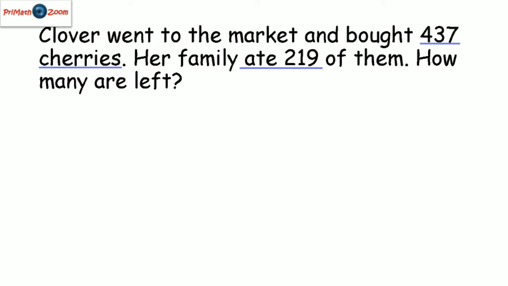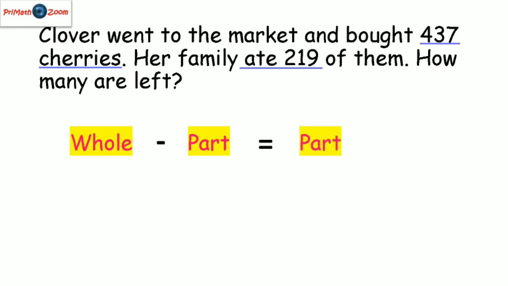Now that we have done all of this, we need to decide how our number sentence will look. And if we're subtracting here, the number sentence would look like this. So whole subtract 219, which is the part, would be equal to the part that we don't know. So let us put our values in. So our whole is 437.